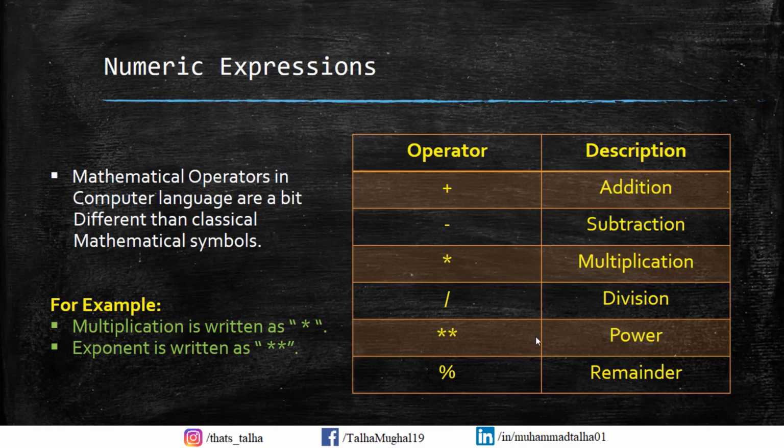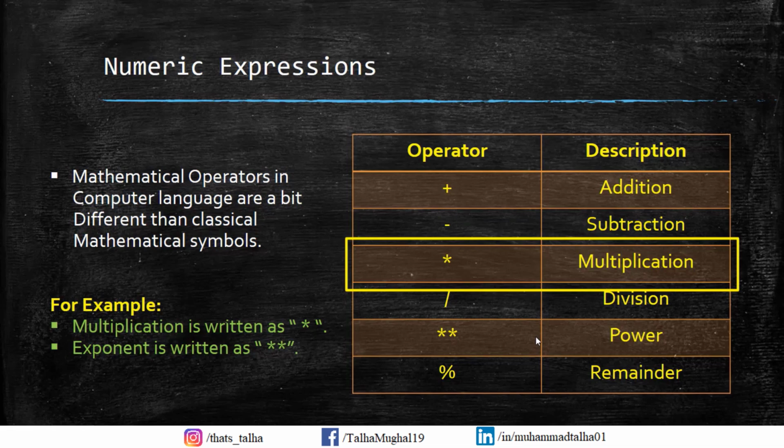The purpose of those operators will be exactly the same, but the symbols through which we show those operators will be different. For example, for addition, we will use plus, which is the same as the classical mathematical symbol of addition. But for multiplication, we will use asterisk.